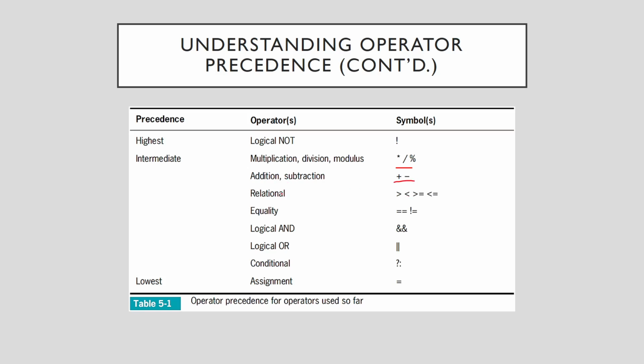Then, for the relational and equality operators, the relational are evaluated first before the equality. Then the logical AND is evaluated, then OR. Next is the conditional statement. And lastly is the assignment statement.